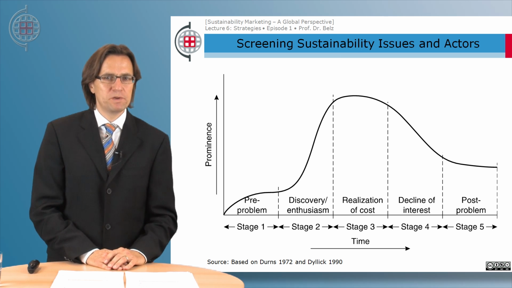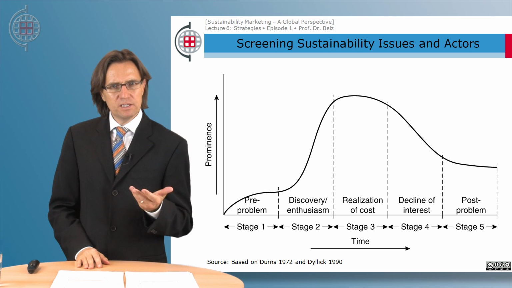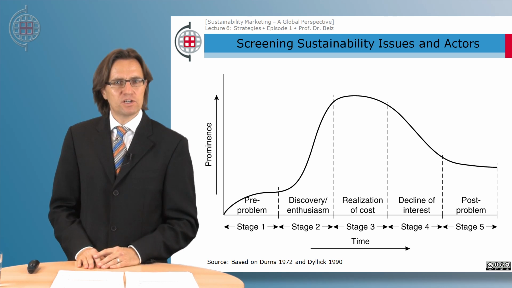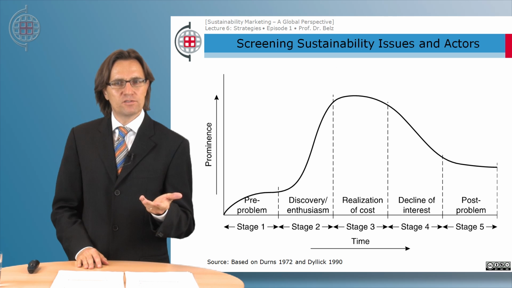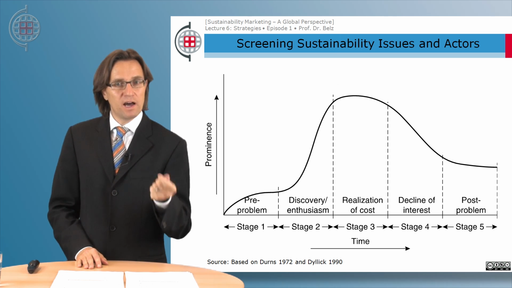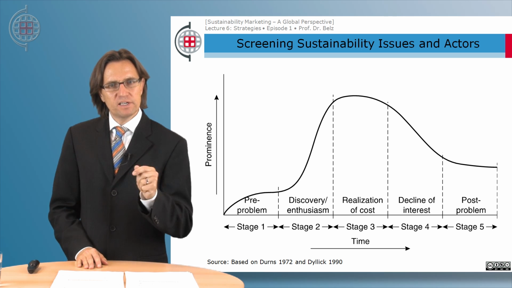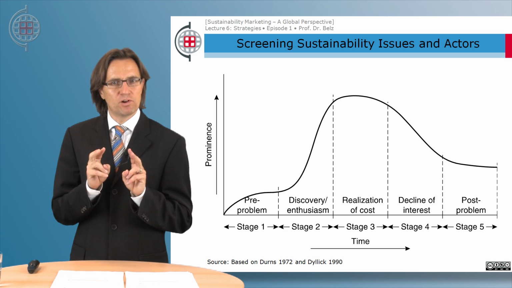The first stage would be the pre-problem. In this stage, the social and ecological issue has to be researched, or a scientist would find out about the problem. In the second stage, the mass media takes up the problem.